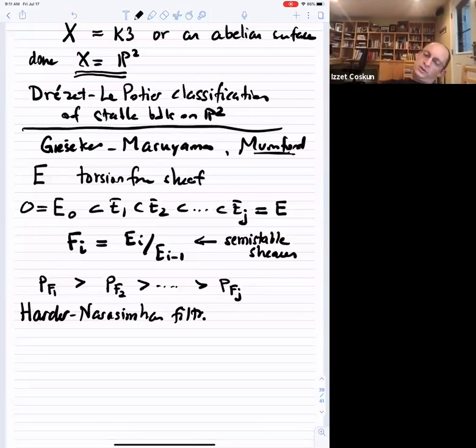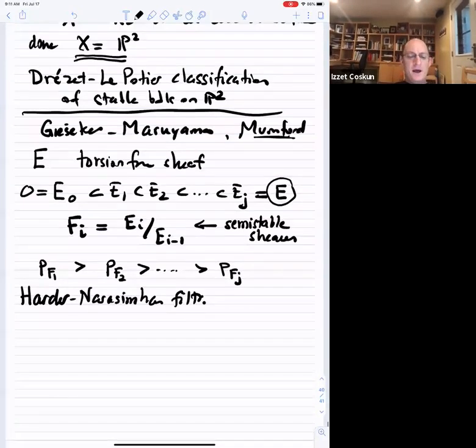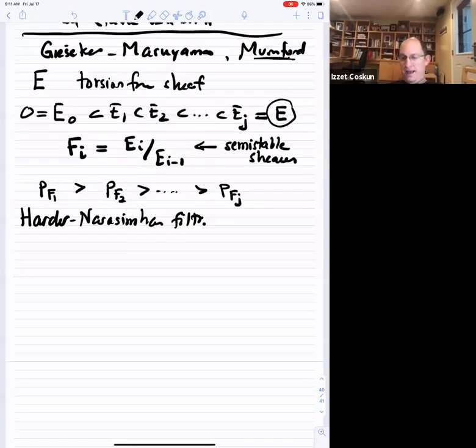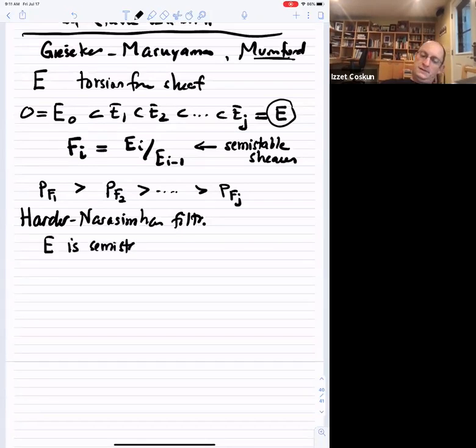And then the way you should think about this is that the stable bundles are the building blocks for all bundles. The next point to make is that even if you have a semi-stable bundle, so if E is semi-stable, then what you have is a Jordan-Hölder filtration.